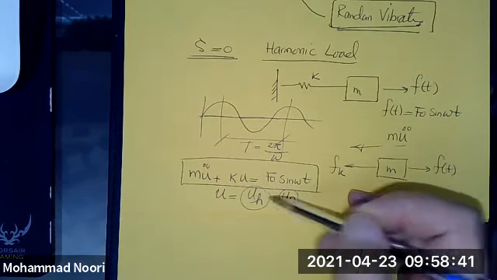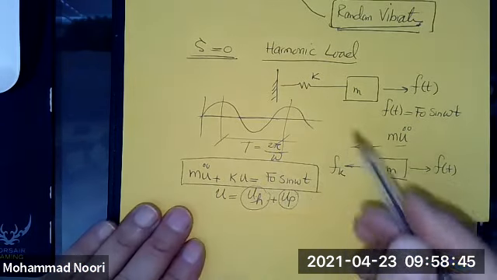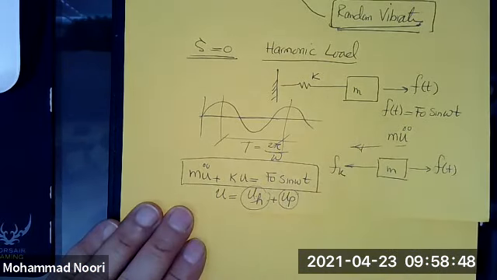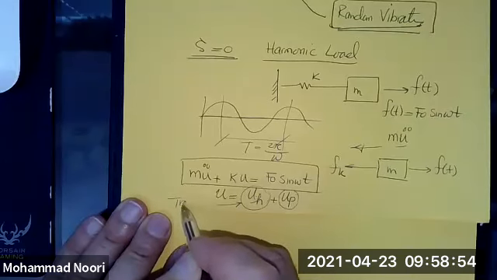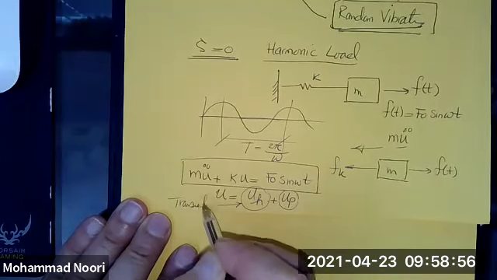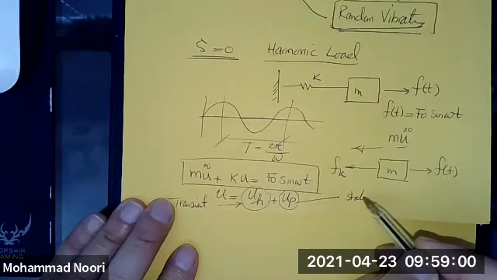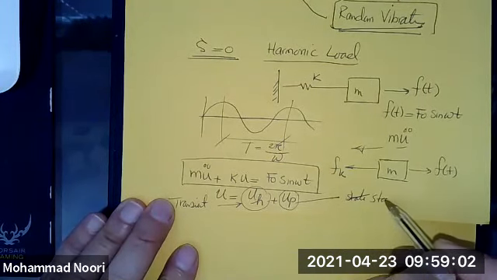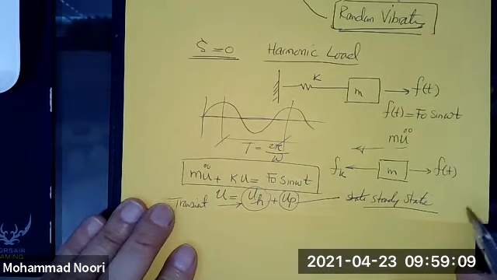Whatever you find, add it to this. In vibration, we use a different terminology for these two. The homogeneous part, we call the transient response, and the particular part, we call the steady state, or stationary response.